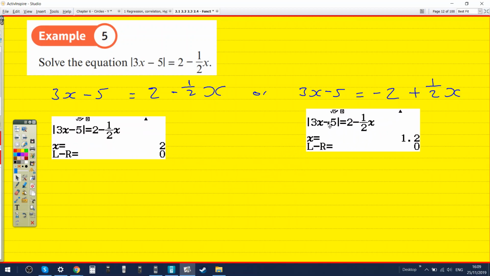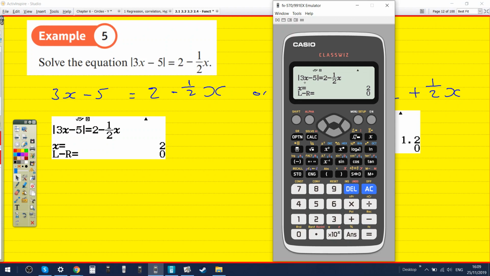And I got the one on the right to be 1.5. And I just tried a little trick. I actually put it in with the modulus in my calculator. What I did was shift solve. I tried a big number like 999, a big positive number, and that gives me 2. Then I press left, shift solve, and I tried minus 999. So a negative number, and I get 1.2.